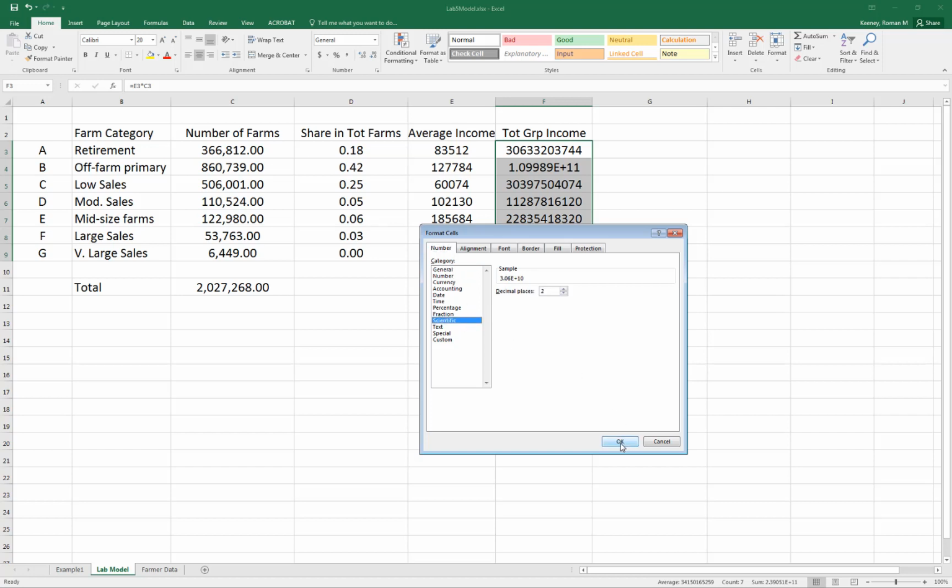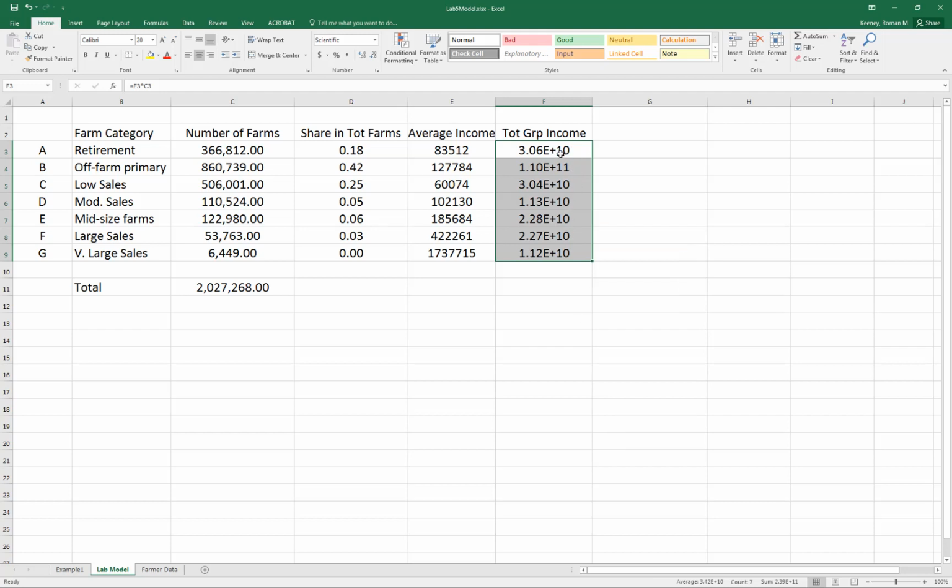I don't really want to look at them, so I'm just going to make them all scientific. So these are all just scientific notation, which is the exponent form. Because this is a number that we don't really need to focus on, the average is a much easier way to decide how much income you have.